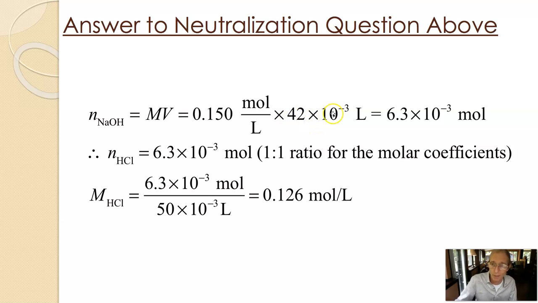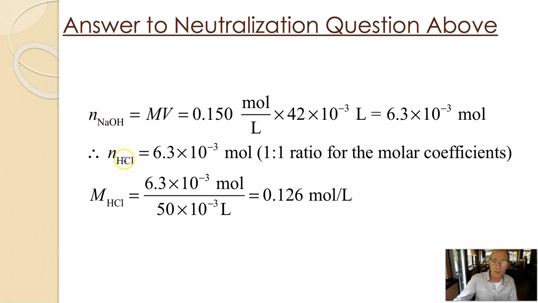I just multiply it by 10 to the minus 3. So all you've got to do with your calculator is just go 42, hit your scientific notation button, which is EXP or EE or whatever, and just put in your minus 3, and there, you've got it converted to liters. So we've got 6.3 times 10 to the minus 3 mole of NaOH reacted.